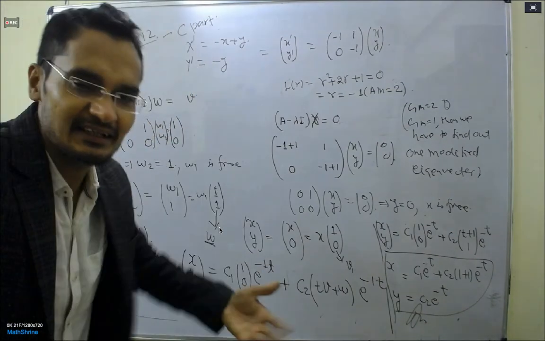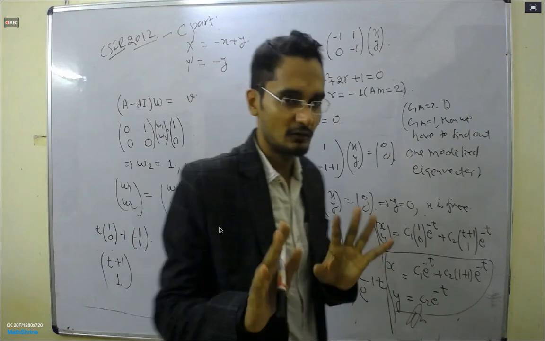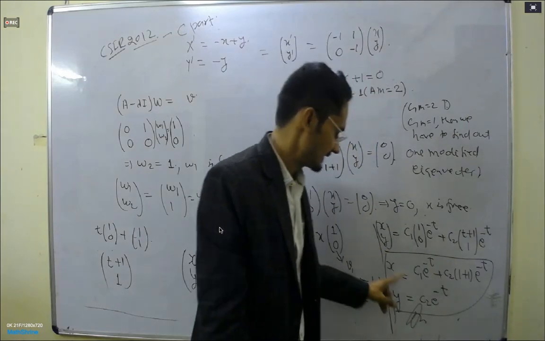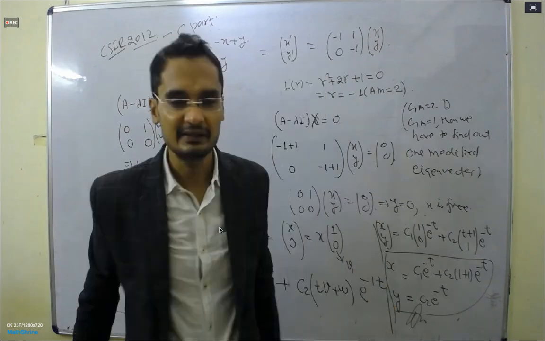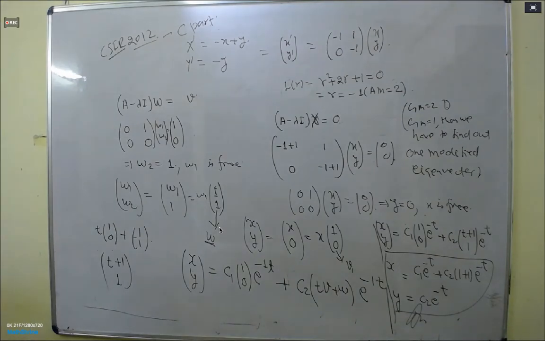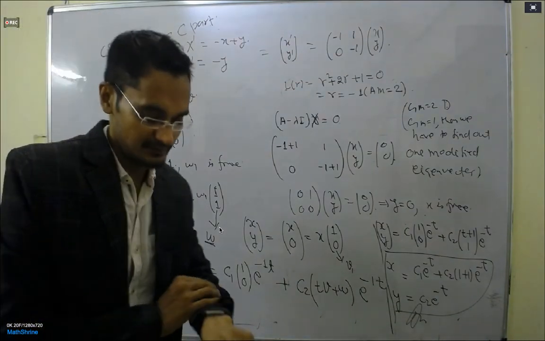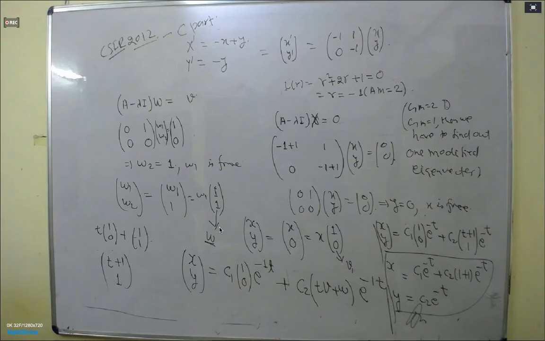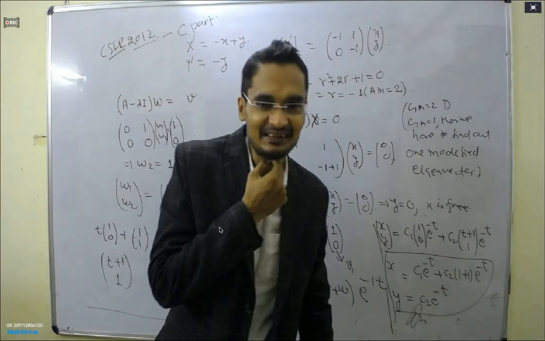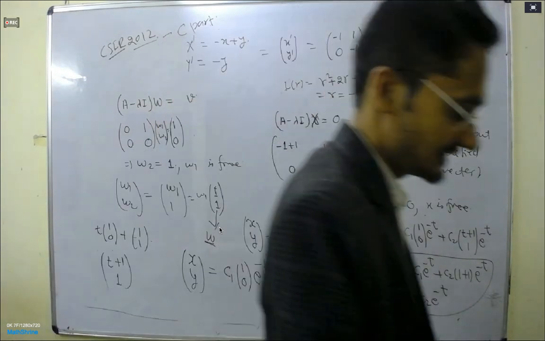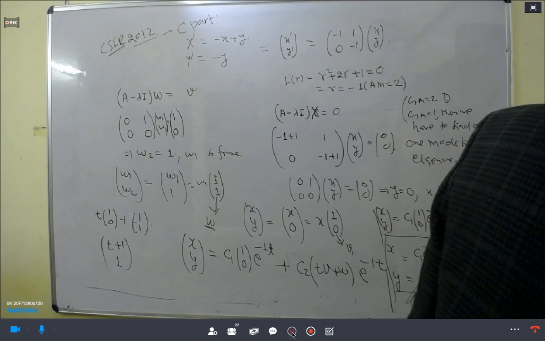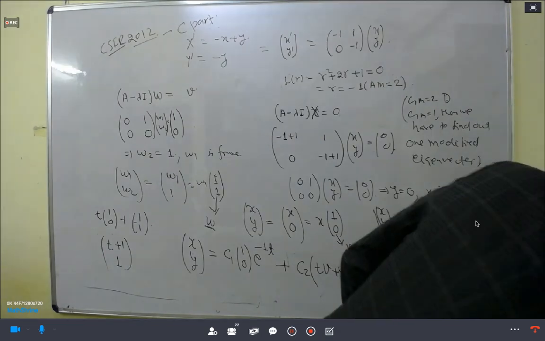So the homework is this. Classification, I had written here, classification. Under what condition will this solution be stable or node or unstable or neutral or center, anything else?